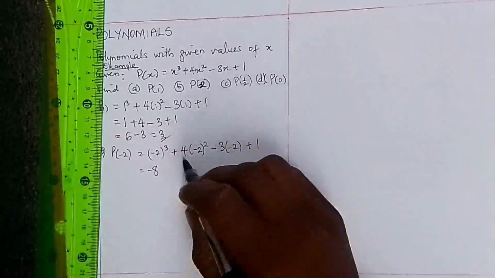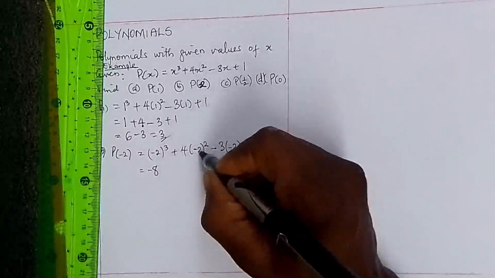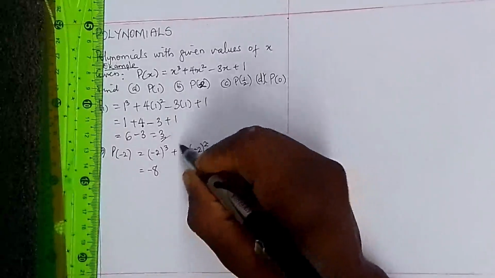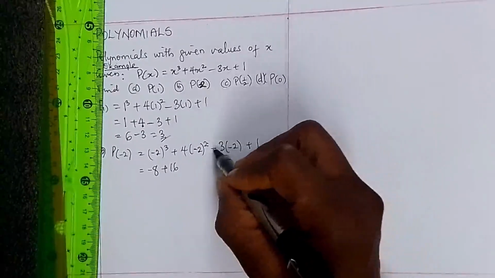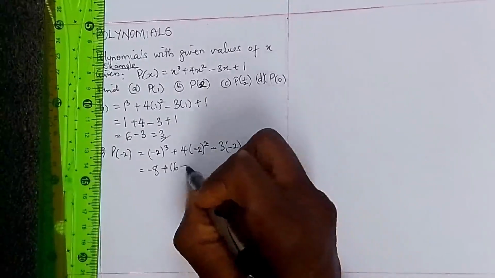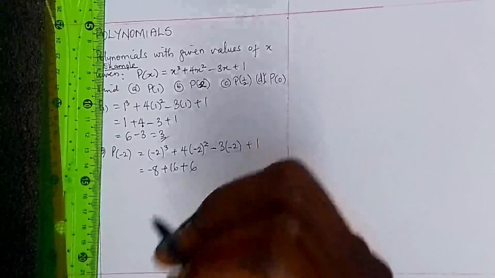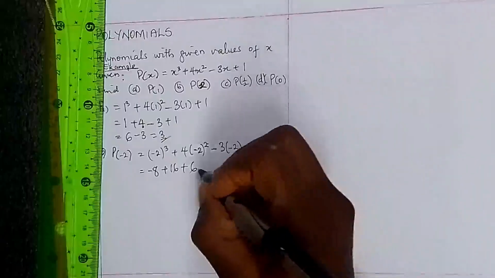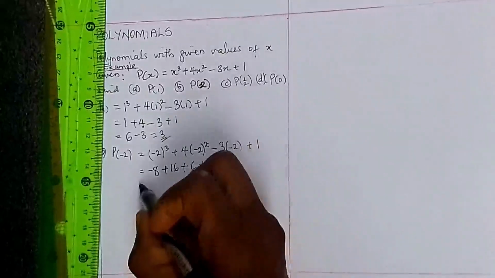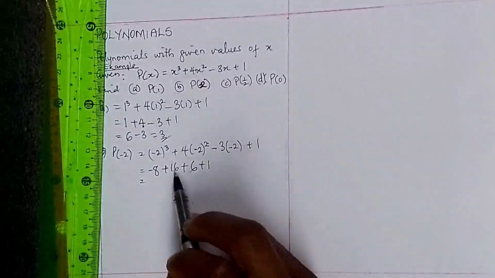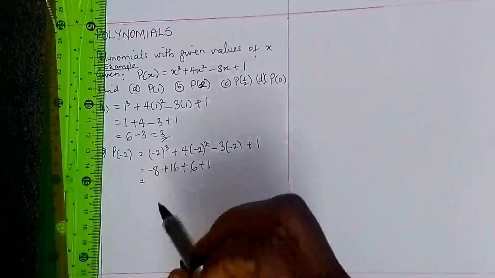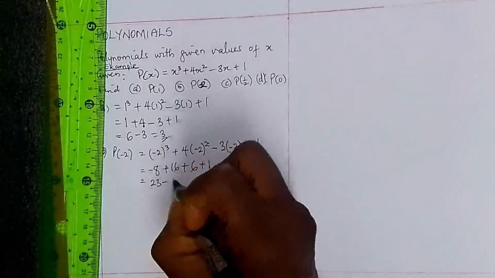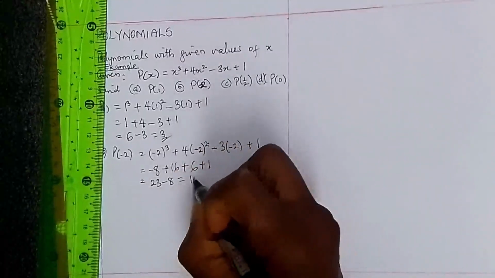Plus, -2 squared is 4, 4 times 4 is 16. Minus times minus is plus, plus 2 times 3 is 6. Then plus 1. Let's add all the positive numbers. 16 plus 6, 22 plus 1, that's 23. 23 minus 8 gives us 15.